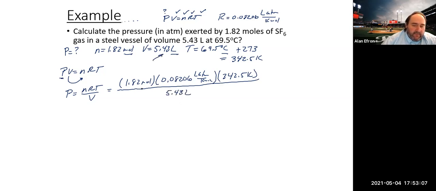In terms of units, moles will cancel, Kelvin will cancel, and liters will cancel, leaving us atmospheres, which is good since that is what we're looking for here.